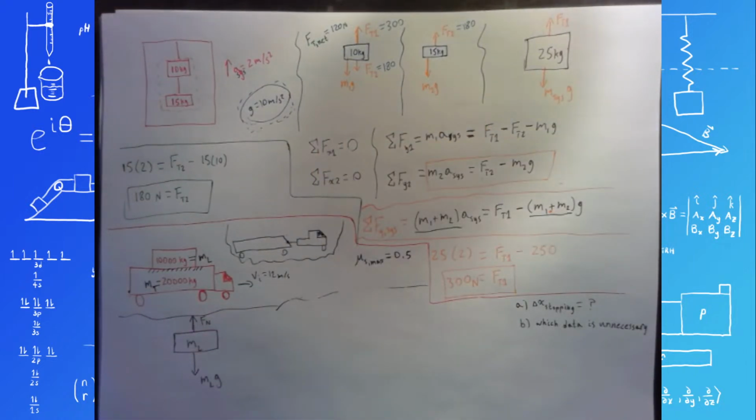Static friction force tries to keep the relative velocity between the truck and the load equal to 0. If the truck is accelerating forward, then the static friction will try to accelerate the load forward. And if the truck is accelerating backward, then the static friction will try to accelerate the load backward. In this case, we said that the truck is going to be stopping.